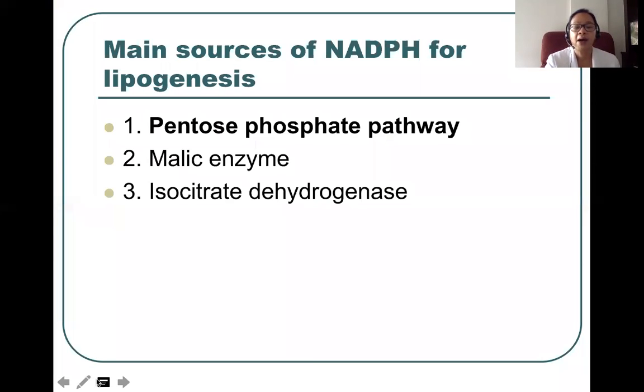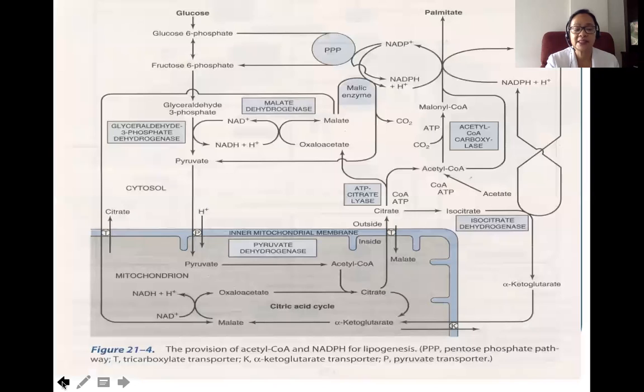As part of the cofactor requirements in fatty acid synthesis, there is your NADPH. Your NADPH is sourced from three major enzyme systems: the one involved in the pentose phosphate pathway, the malic enzyme, and the isocitrate dehydrogenase. I'll go back to this slide.